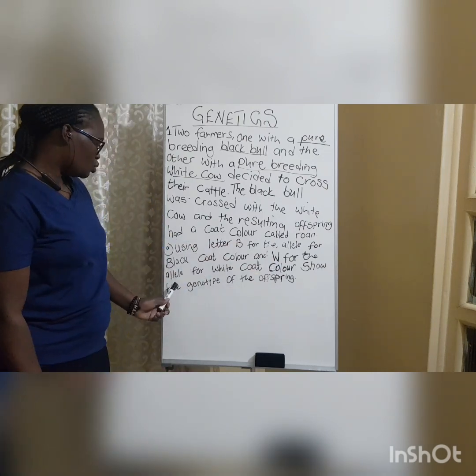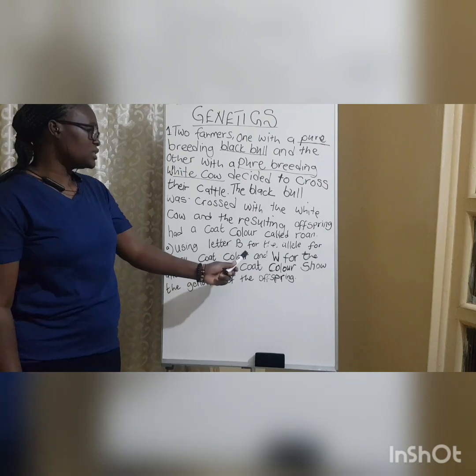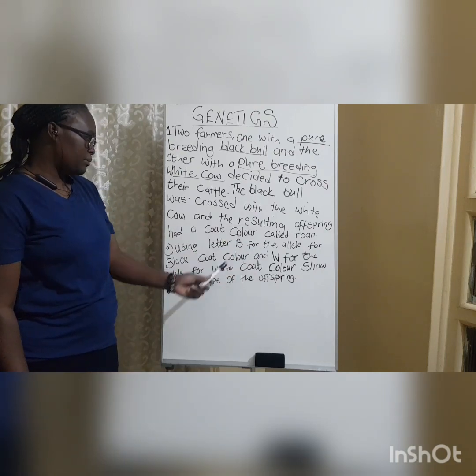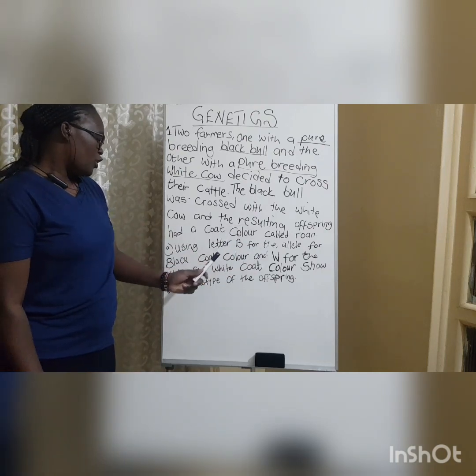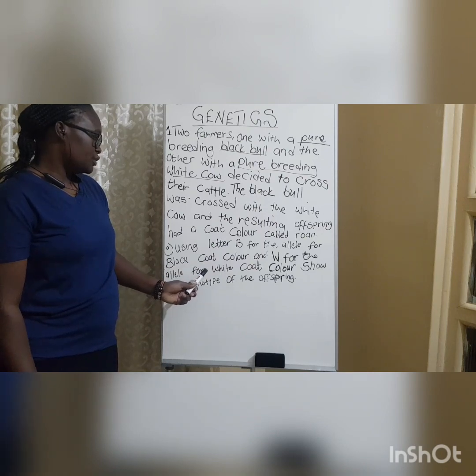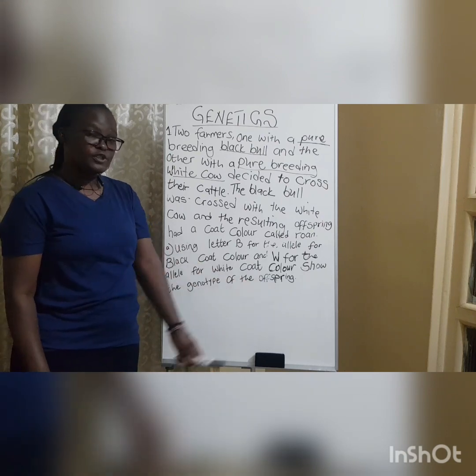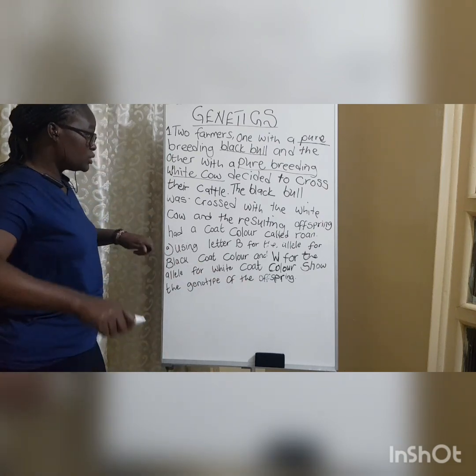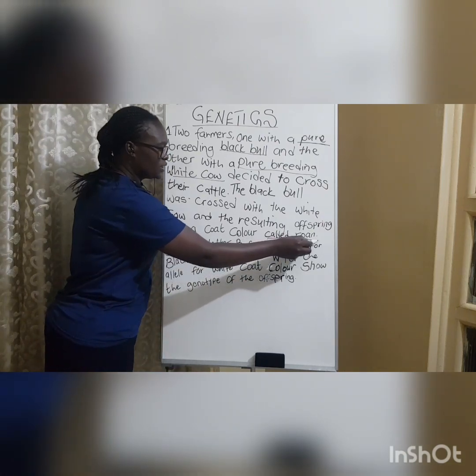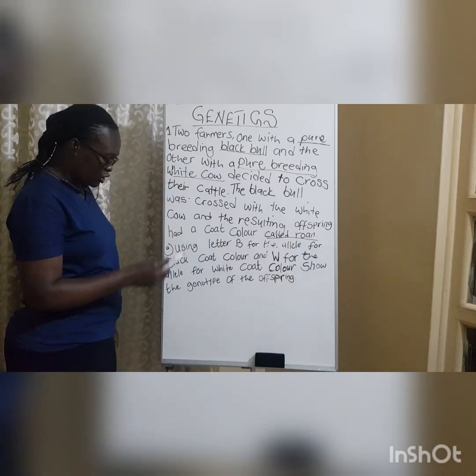So now the first question is, using these letters B and W for the alleles, show the genotype of the offspring. So they are talking about this roan now. What's the genotype of this roan?